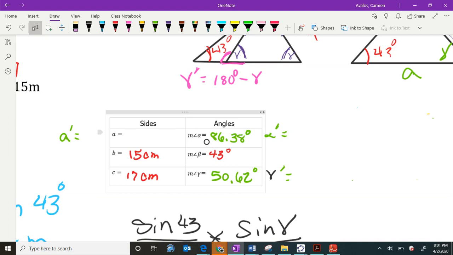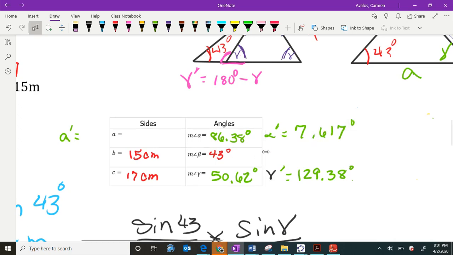Then we subtracted 180 from this alpha, and we got that gamma prime is going to be 129.38. And when I added 129 and 43 and subtracted it from 180, I got 7.617 degrees. So that's how you tie those in.